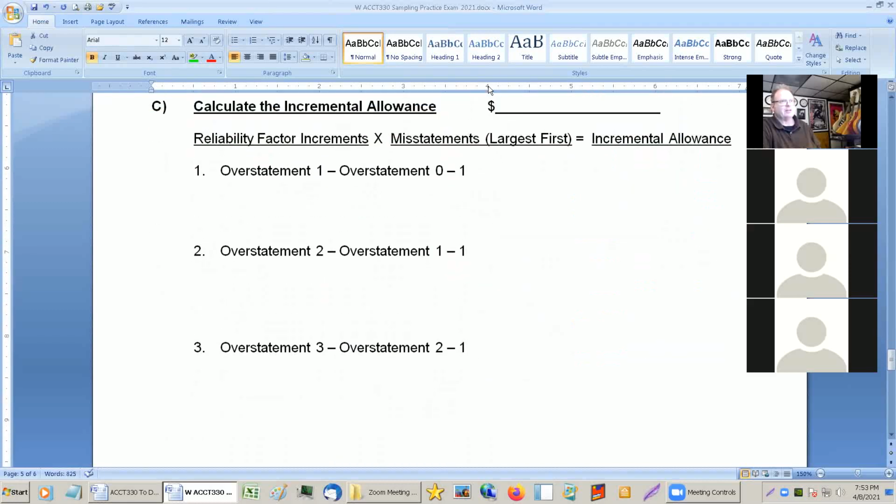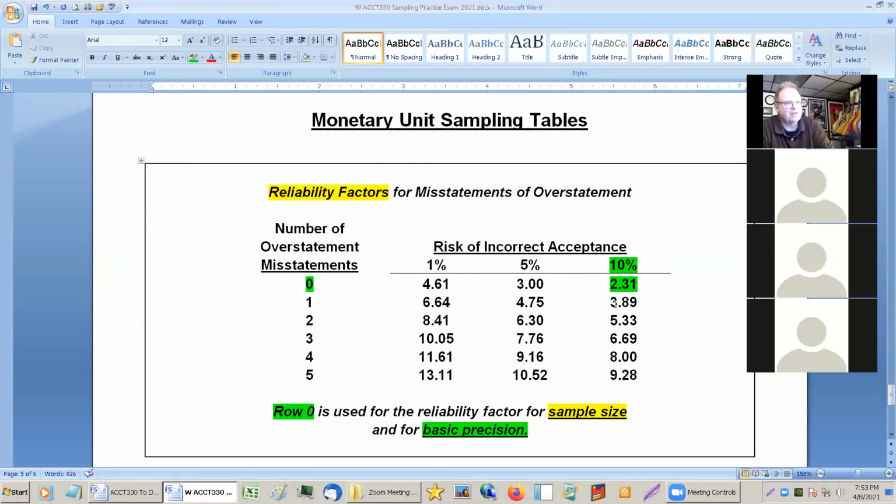So that's the only one that we need to worry about. Going down here, this is kind of the increment we were talking about.